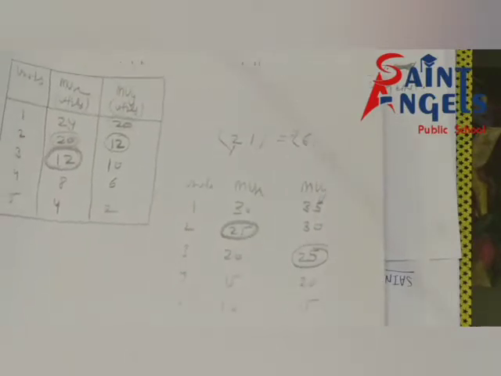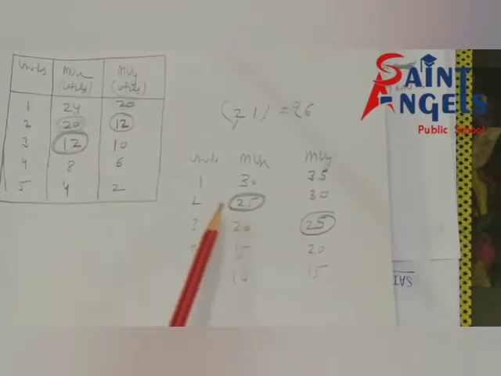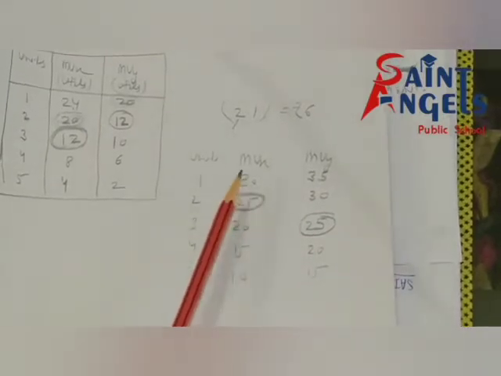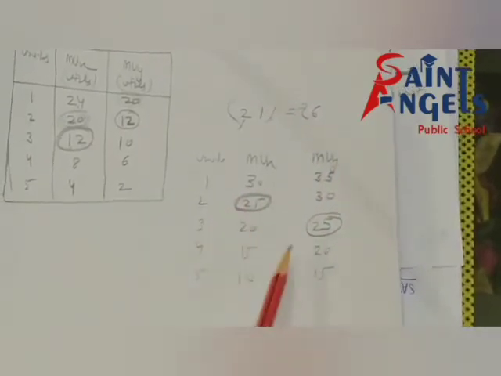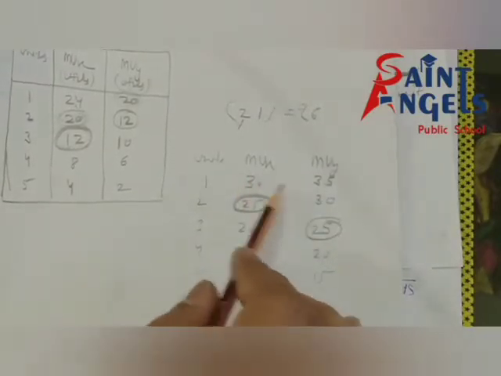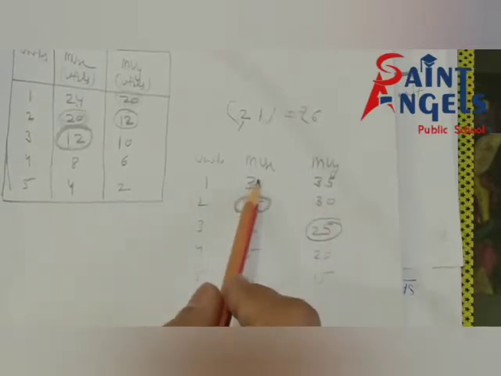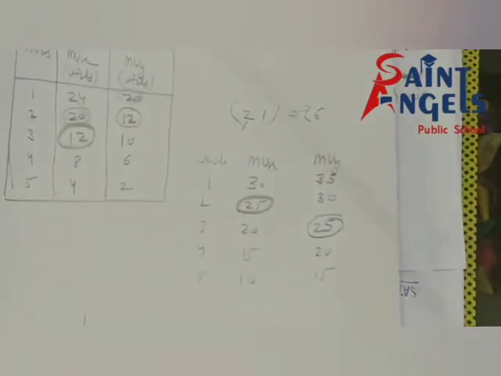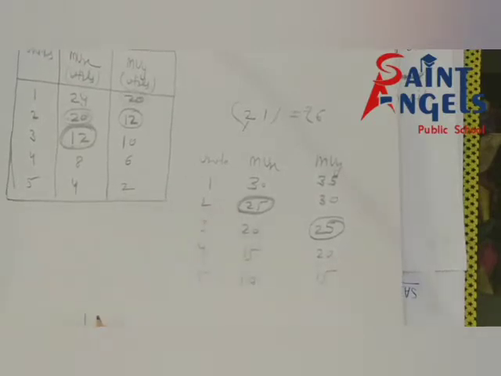Now consumer equilibrium will occur only when the consumer purchases 2 units of good X and 3 units of good Y. You may ask, sir, both values are also the same. According to this, I am consuming 1 unit of good X, and according to this I am consuming 2 units of good Y.